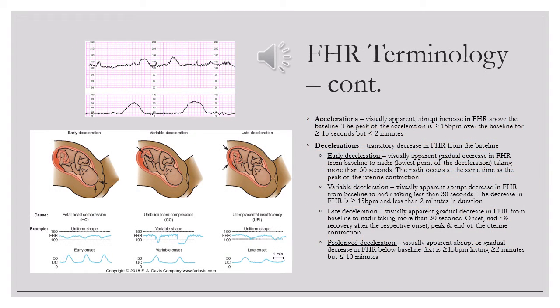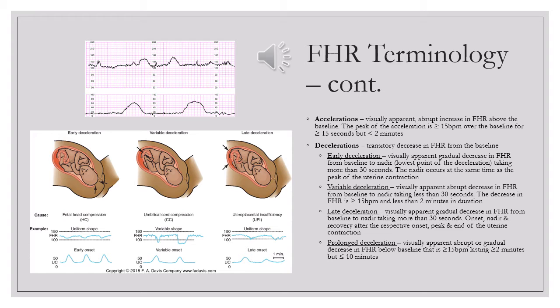In addition to baseline and variability, we're also looking at the fetal heart rate for accelerations and decelerations. Now, accelerations are abrupt increases of the fetal heart rate above baseline. They should be at least 15 beats over baseline and last for at least 15 seconds, but not greater than 2 minutes.